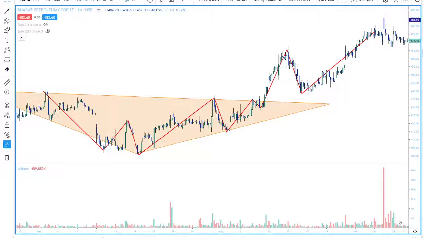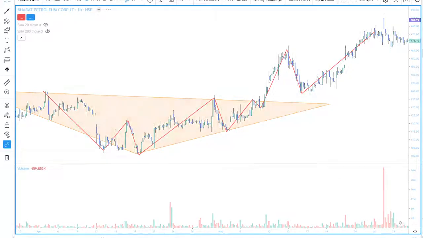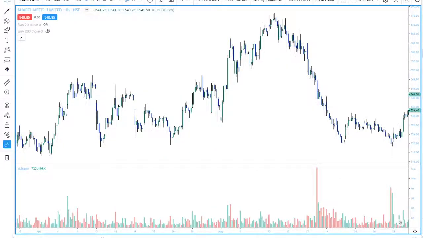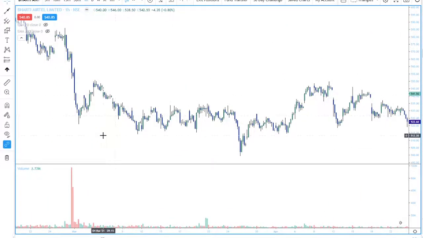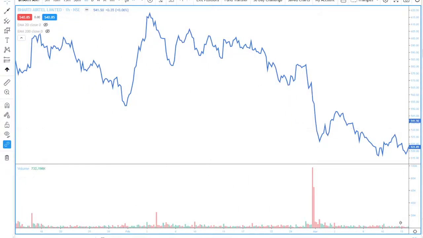Now the final one, I'll go to Bharti Airtel, and that was also on the 1 hour chart, and it's somewhere in February. I have written it down here. Alright, if you go to the line chart again, you can see very clearly how this thing is happening, right?